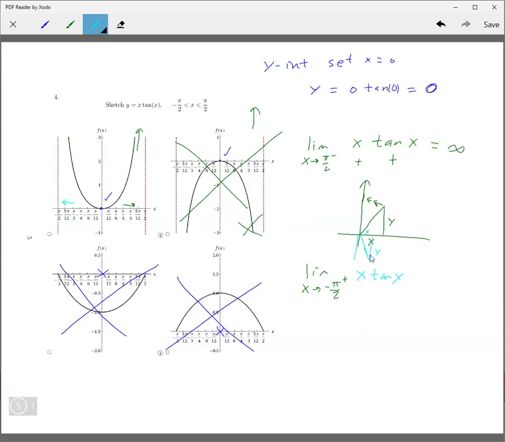So as you're going this way, this is actually going to negative infinity. That's negative, and this is also negative, because x is negative values right here. So it's also going to be positive infinity. Okay, so that's also going to be what happens. So it's going to be this first graph right here.